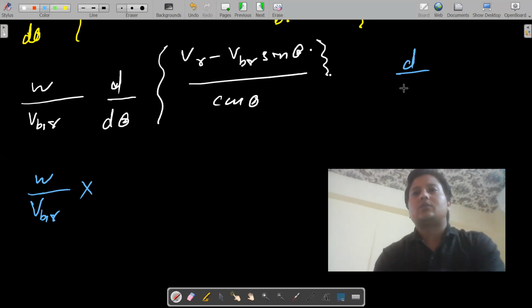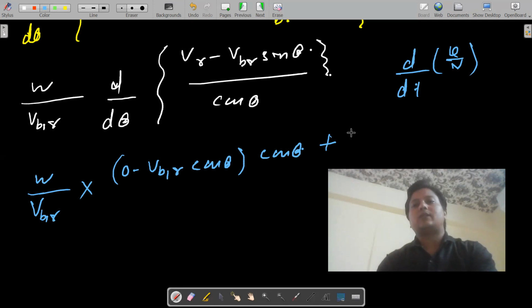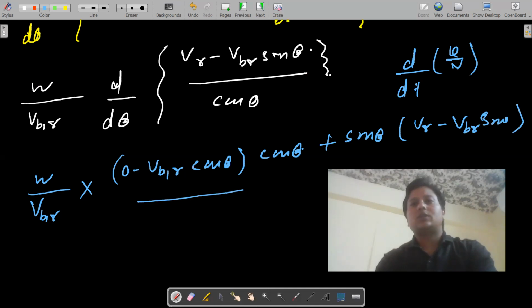Differentiation of u is 0 minus VBR, the differentiation of sin theta is cos theta, multiplied by v, that is cos theta, minus the differentiation of cos theta, which is minus sin theta, multiplied by u, Vr minus VBR sin theta, all divided by cos squared theta.